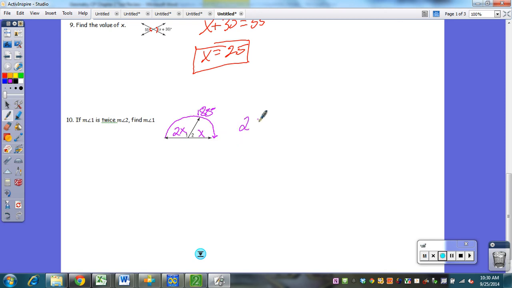So we set it up as 2x plus x equals 180. So we get 3x equals 180, so therefore x equals 60. So if we're looking for the measure of angle 1, then we're going to plug in x here with 60, and we get 2 times 60, which gives me 120.